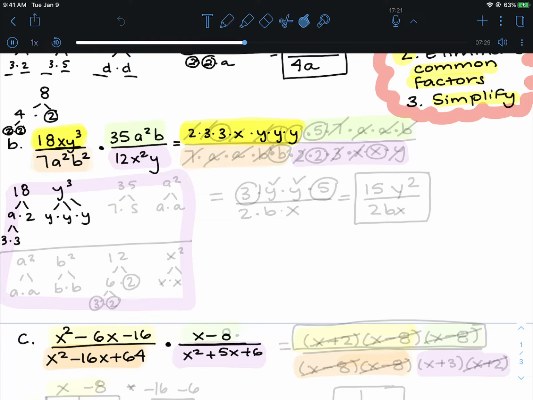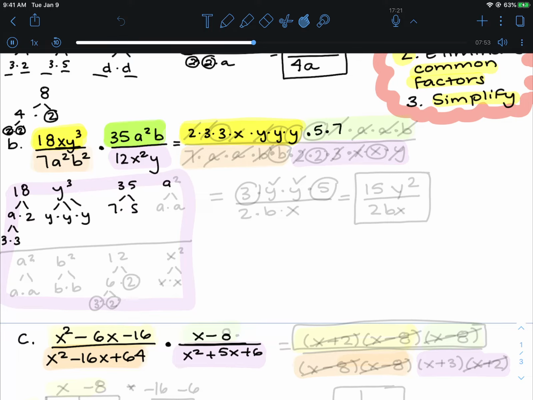Okay, now I'm going to go ahead and move on to the next numerator, which is going to be 35. Okay, 35a squared times b. So the 35 can be simplified down even further to 7 times 5, which is 35. But the 7 and the 5 are the simplest form because 7 times 1 is 7 and 5 times 1 is 5. So I'm going to do times 5 times 7.